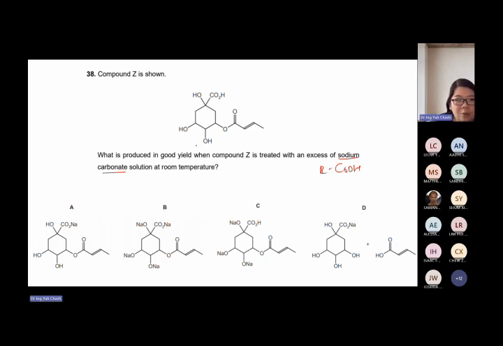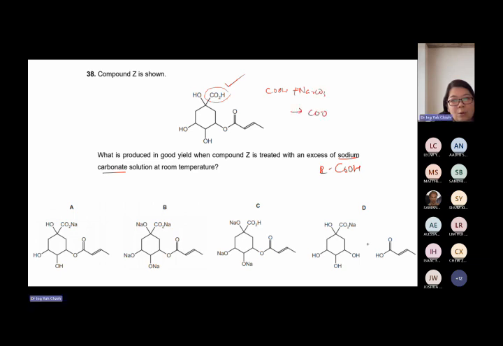Let's look at this compound and see if there is a carboxylic acid here. You have alkene, ester, alcohol, alcohol, alcohol. So only one functional group can react with sodium carbonate, and carboxylic acid reacts with sodium carbonate.